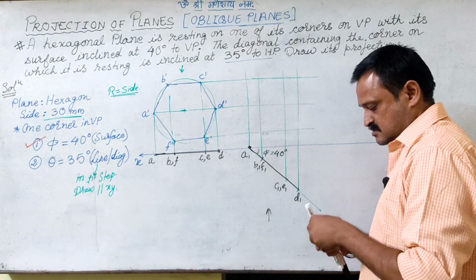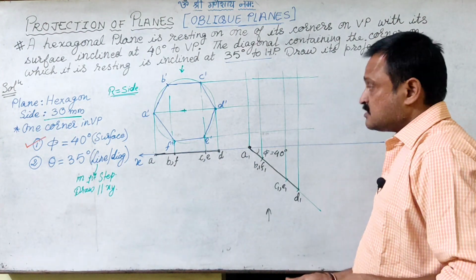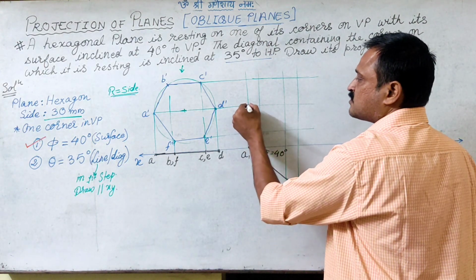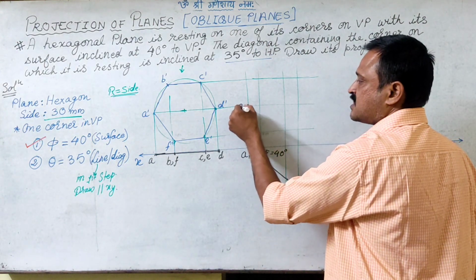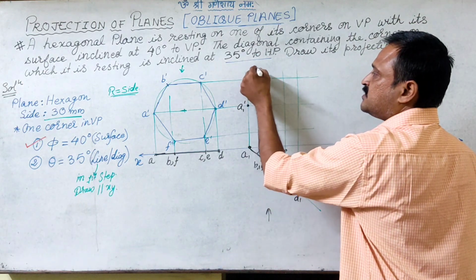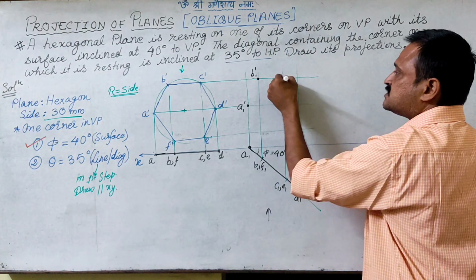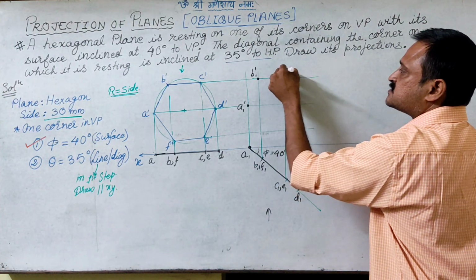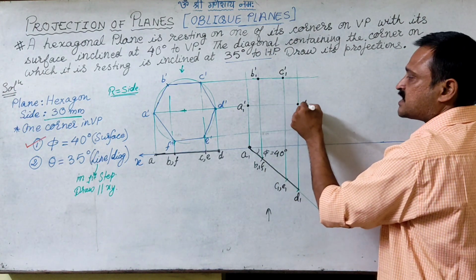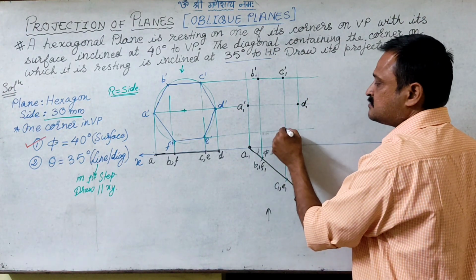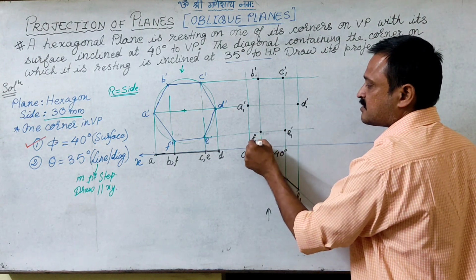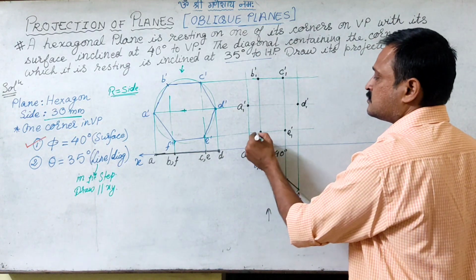So now we can get the projector of A, locus of A. So I get this as A1 dash, projector of B, locus of B, I get B1 dash, projector of C, height of C, C1 dash, D, D1 dash, E, E1 dash, and F, F1 dash.